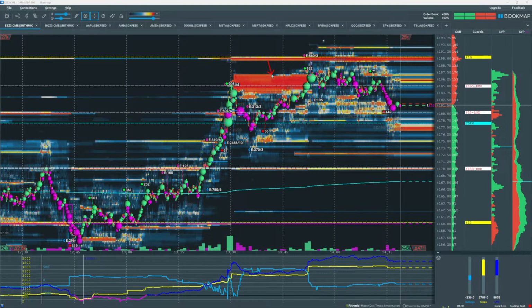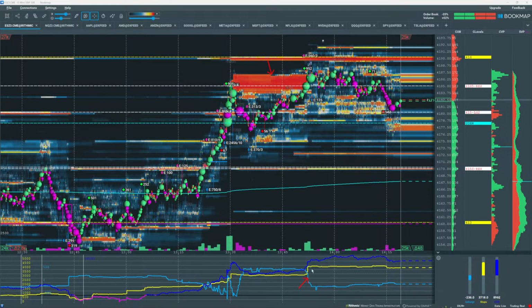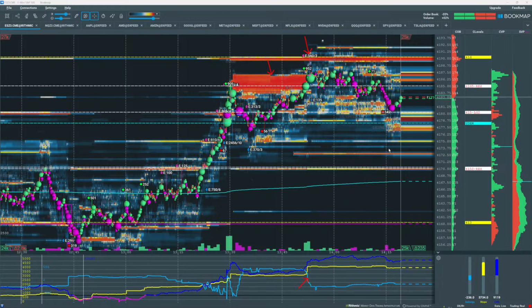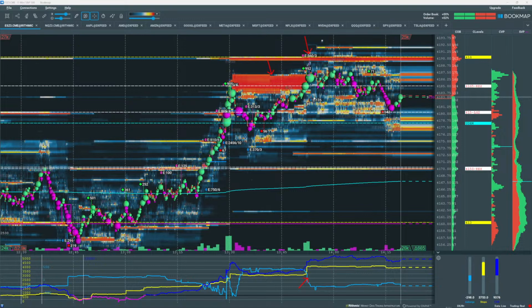Note the heat map in Bookmap showing all of these sellers. These are, again, limit sell orders above price. Also, iceberg orders, large sellers selling with iceberg orders. That's shown by the falling light blue line in the subchart, as well as that icon right there. 560 contracts and 3 executed in 3 transactions.